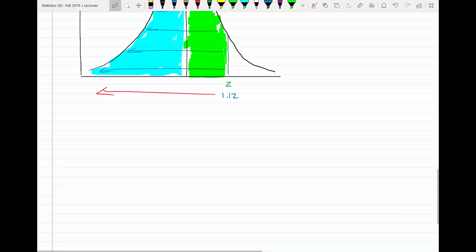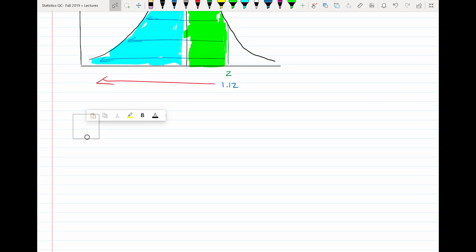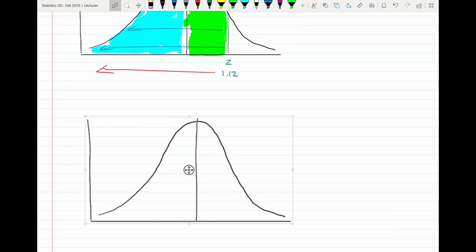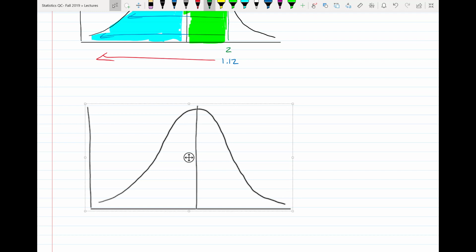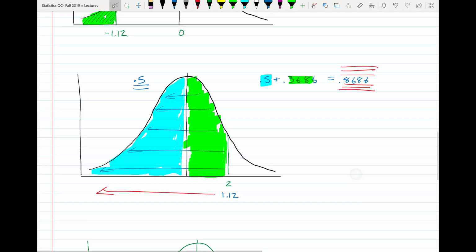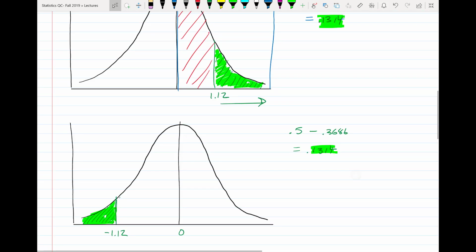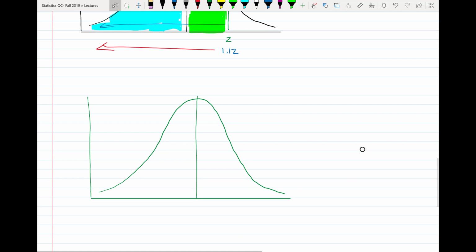And similarly, let's do another one. The probability of getting a score between two values.